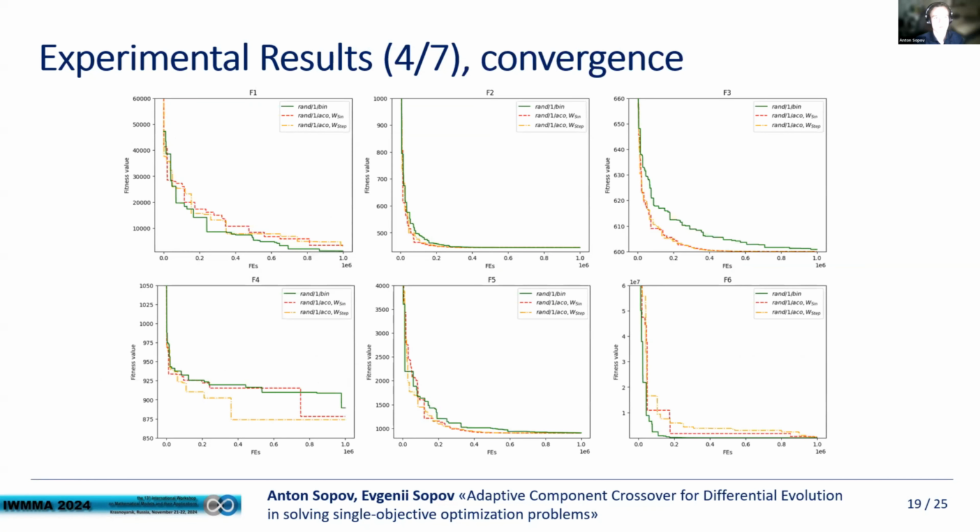Next, to visualize the behavior of the algorithm, we have visualized the convergence of the algorithm. It can be seen that the proposed algorithm converges a little faster, except for the F1 and F6 problems.